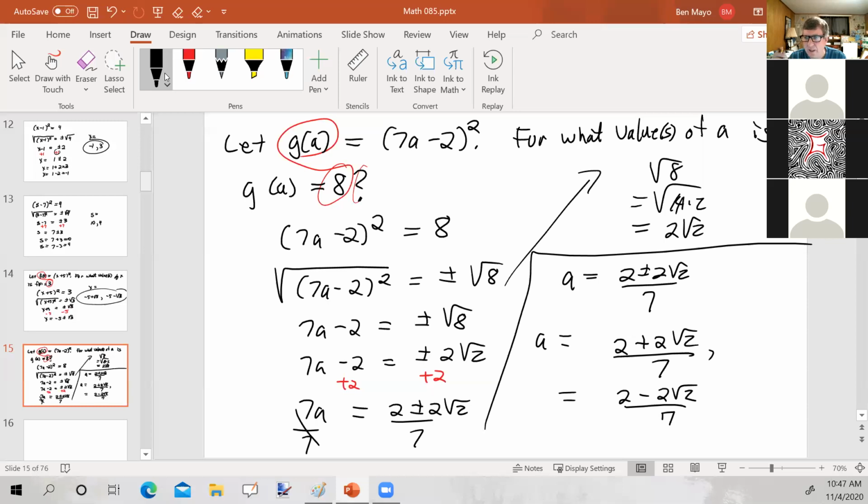And if you forget it, then you've left off half of your solutions. And then in terms of WebAssign, to write them out separately, and again, separated by a comma that's outside of the radical. Do you have any questions before we go?